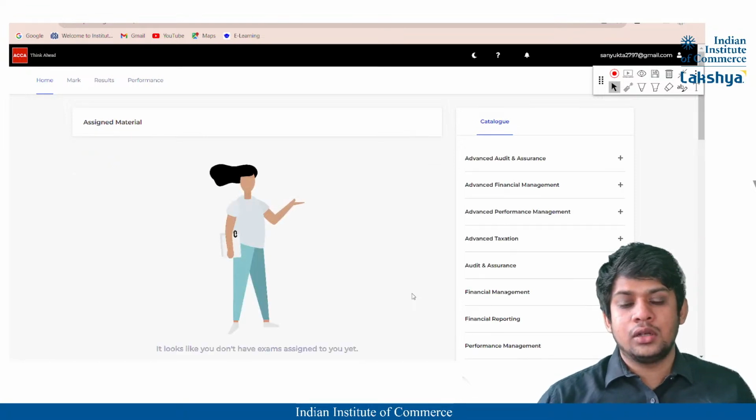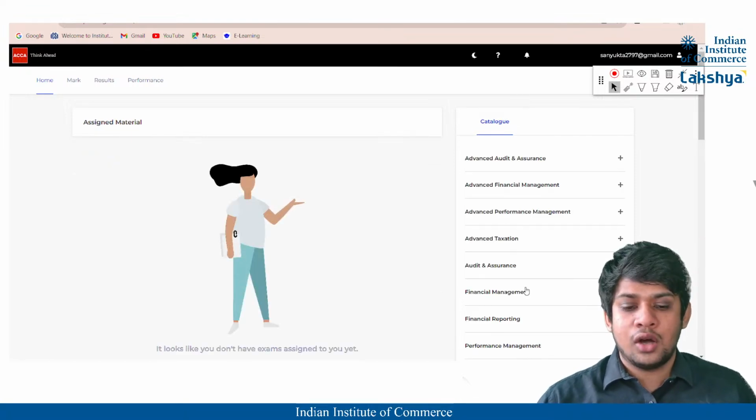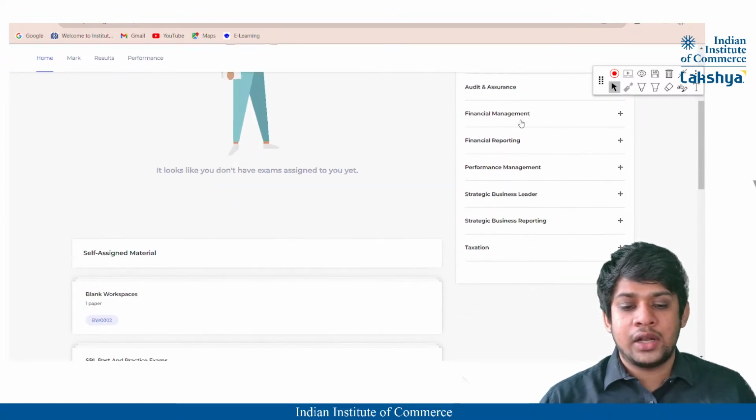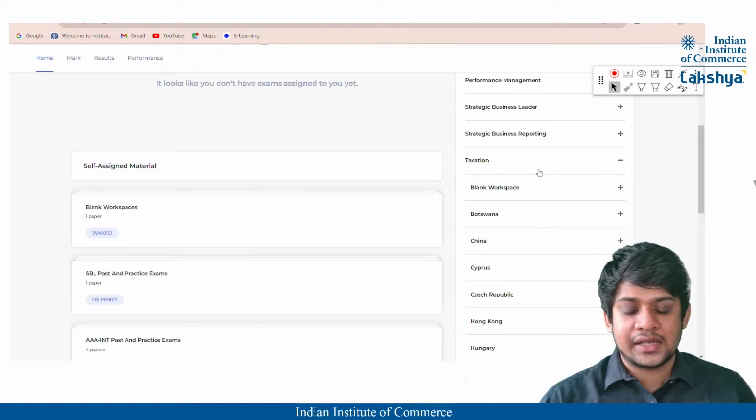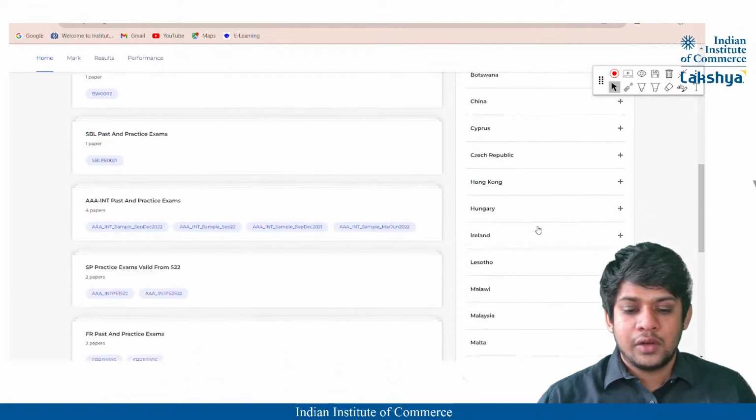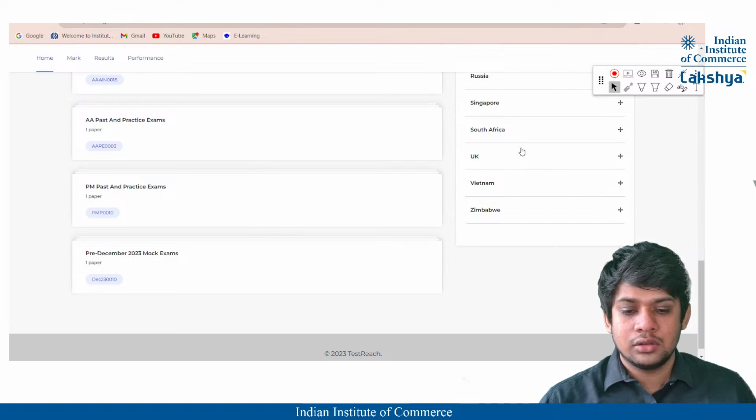Once you sign in through here, you're going to have a catalog of your subjects and accordingly the examination that you want to pick to actually perform on. So guys, we are going to look for taxation here, and that is the last paper, as you can see, taxation. Now we're going to choose UK here.